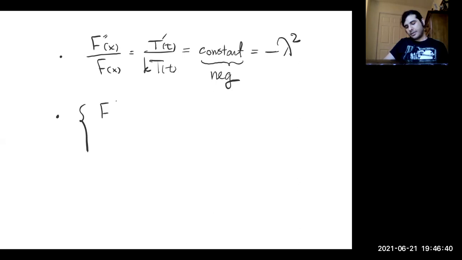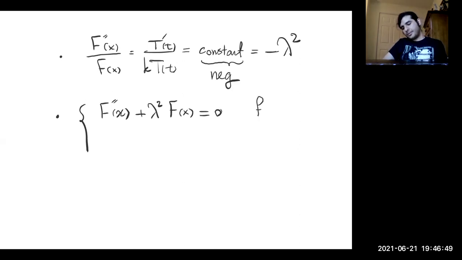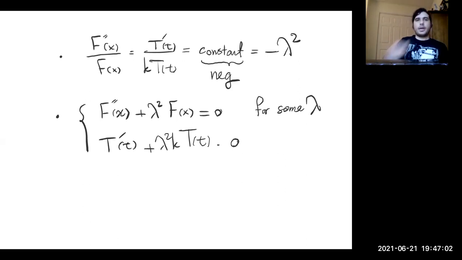The second derivative of f plus lambda squared times f equals 0 for some lambda. And then the derivative of t with respect to time plus lambda squared kt is also equal to 0. Okay, great. So let's look at the first equation again, like what we had before.